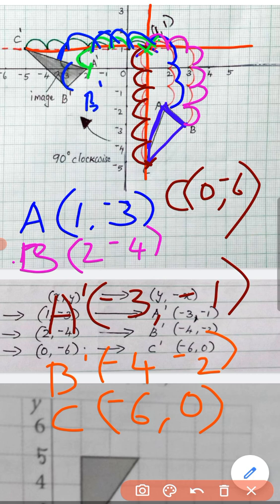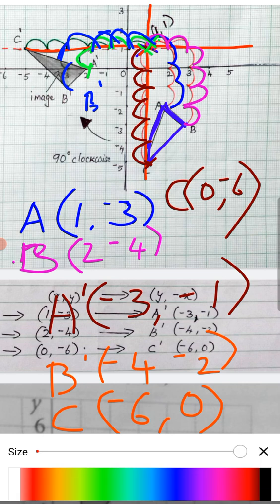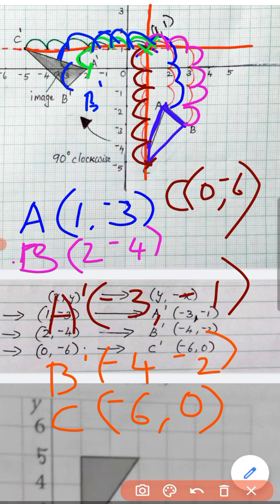Now find C dash. Okay, C dash. That is, the coordinate is -6, 0. -6 means 6 units to the left on x-axis. So from here, 1, 2, 3, 4, 5, 6.